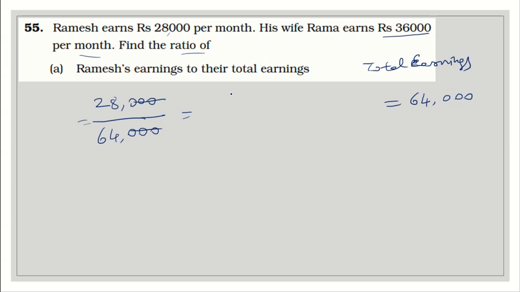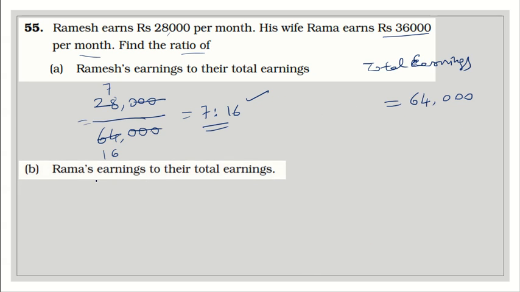So now cancellation. 4 7s are 28, 4 1s are 4, and 64, this 2 comes, 4 16s are 64. So 7 is to 16 is the ratio. Do I have any second question for this?